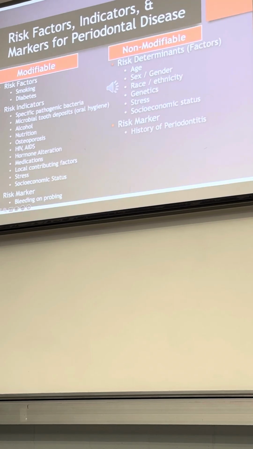Can you think of some examples? What's an example of stress that is modifiable? We've all had stress, right? Probably all stressed out right now. Right now, it's not really modifiable for you unless you drop out of the program, right?